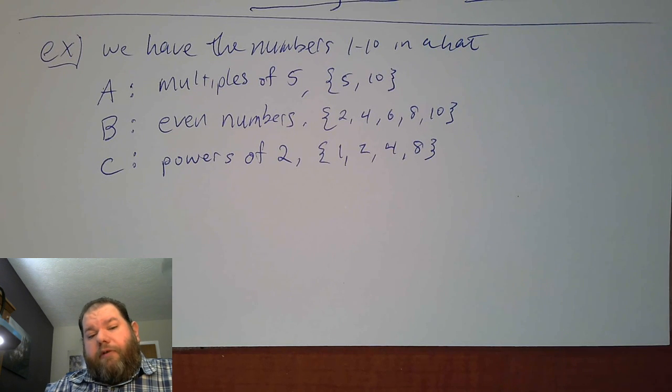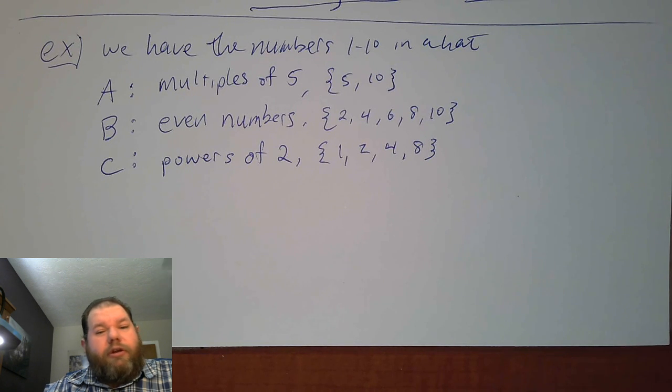So now we have 3 different events. Whenever we do our probability calculations with union or intersection, we do want to only use 2 events at a time. So we'll never say probability of A or B or C. What we could do... No, we couldn't do that.